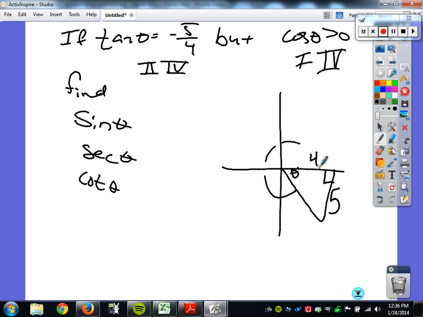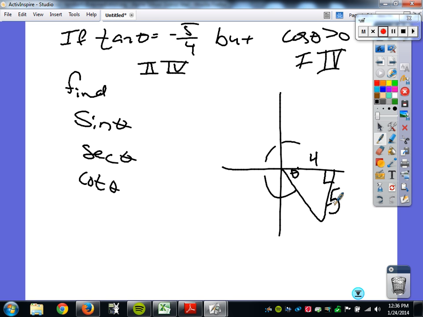But who gets the negative, the 4 or the 5? Because it's negative. Okay, I heard you say 4. I heard some people over here say 5. It is 5 because notice x is positive, y is negative, right? X is positive, y is negative, correct?